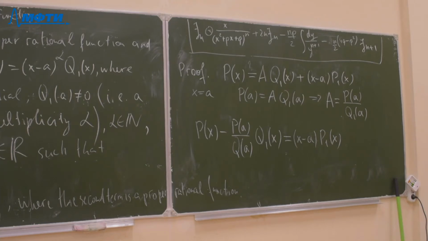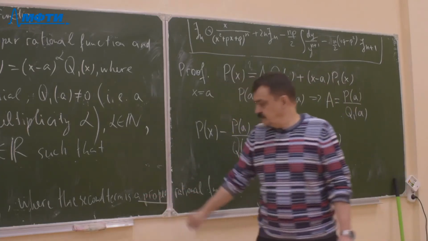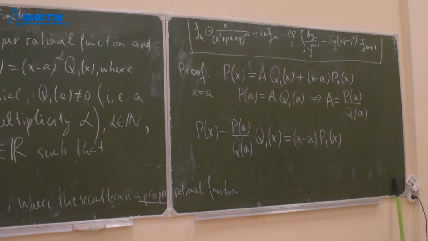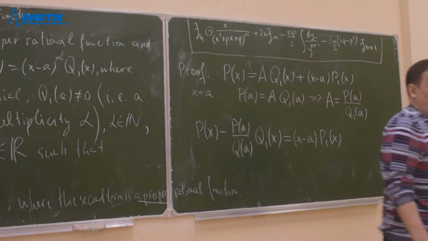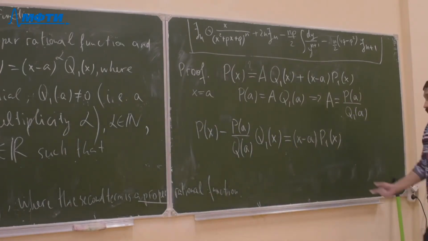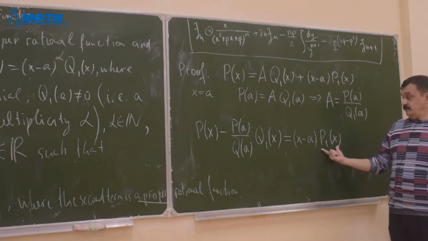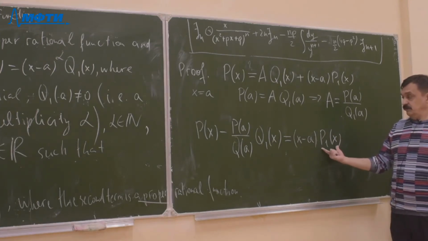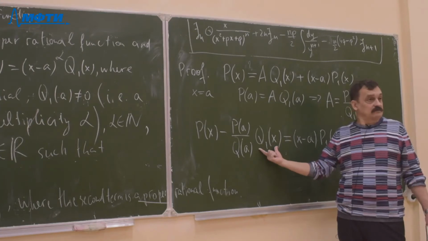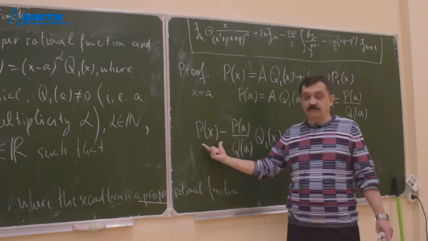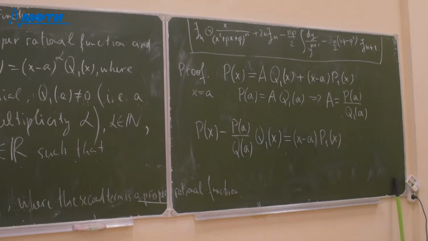And the theorem is proved up to the last thing which we need to check: that P1 over this function is indeed a proper rational function, but just compare degrees, right? So degree of P1 is for sure less than degree of Q1 and less than degree of P, less than both of them.